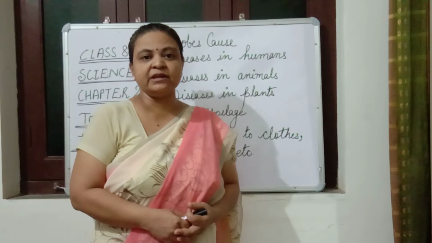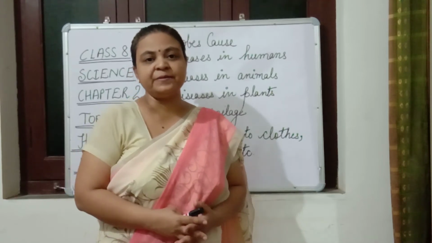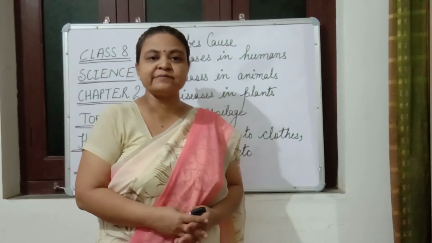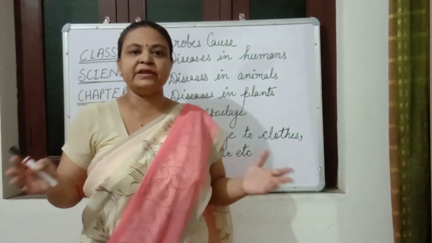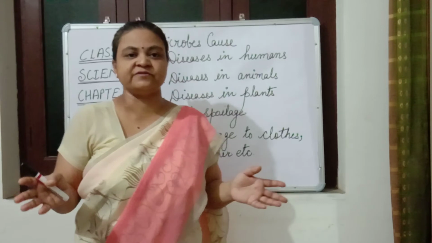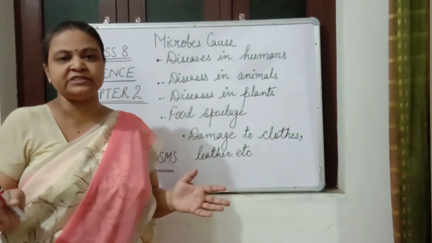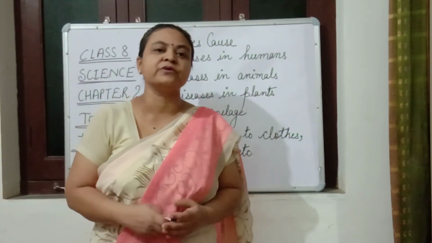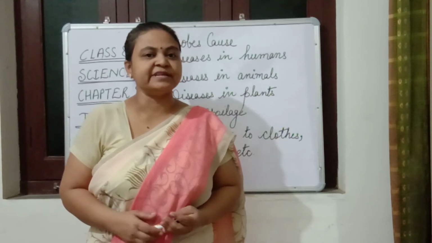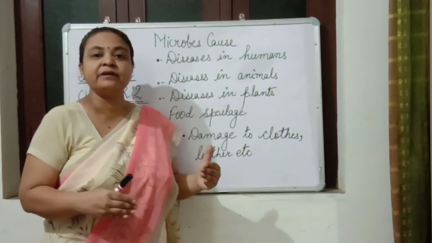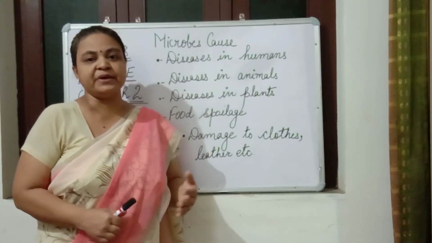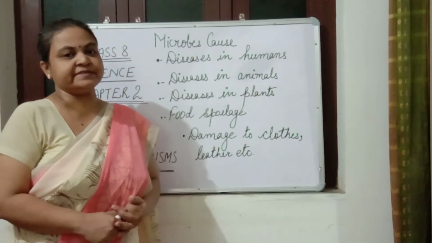We are living in a hot and humid country where microorganisms thrive, or you can say they live very successfully, because high temperature and humidity is very suitable for the growth of microorganisms. That is why food gets spoiled easily in the summer and monsoon season in comparison to the winter season.